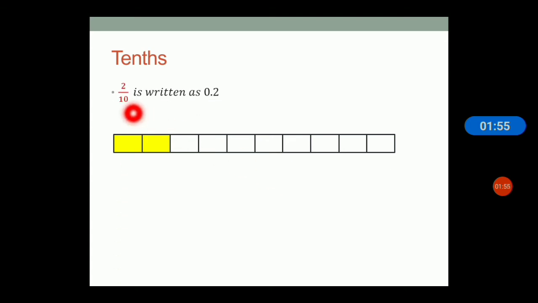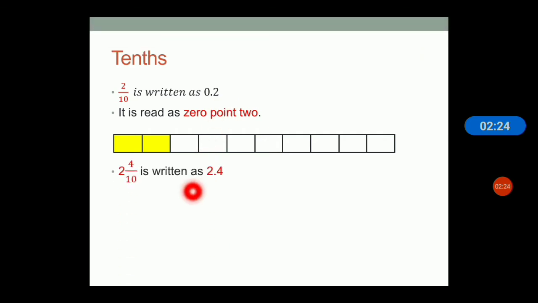When 2 by 10 is written in decimal form, it will be 0.2. In this 0.2, 0 is the whole part, the point is the decimal point, and 2 is the decimal part. We read this as 0.2. This is an example of tenths.